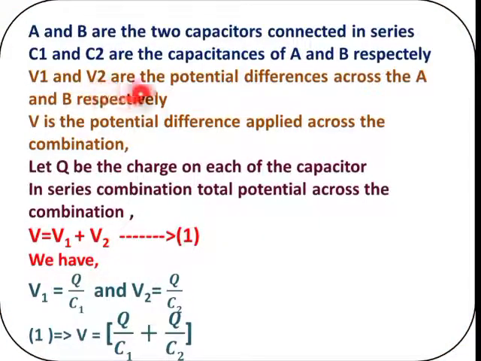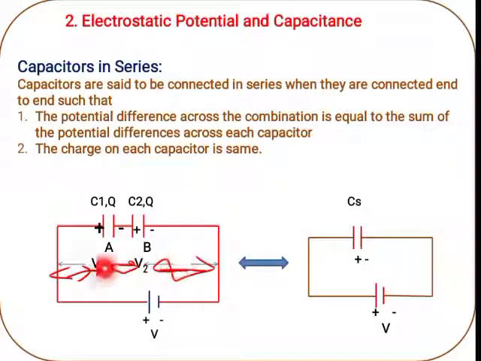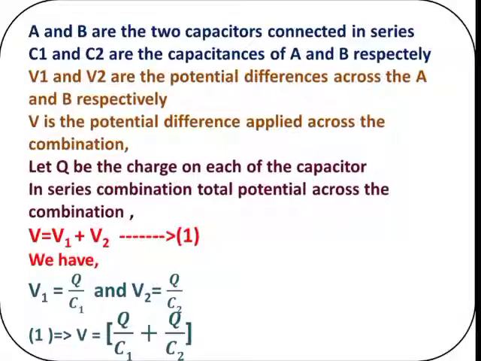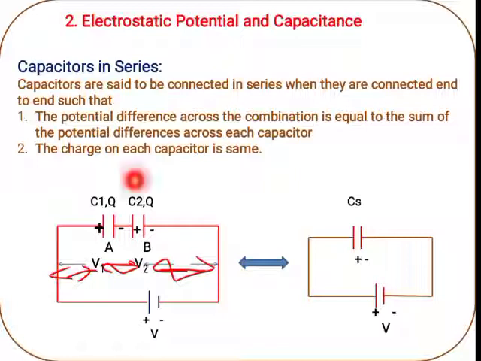V1 and V2 are the potential differences across A and B respectively. Let Q be the charge on each capacitor. Q is the notation for the charge on the capacitors.